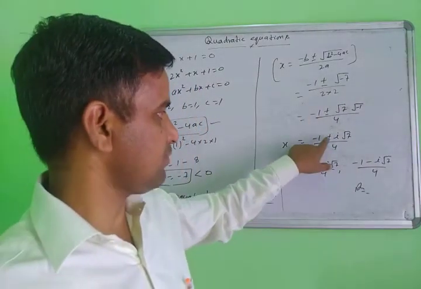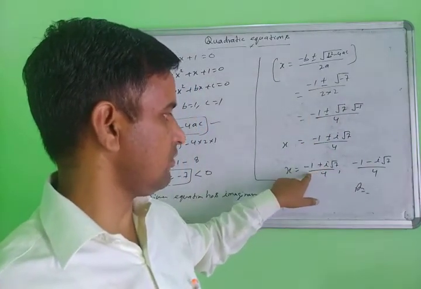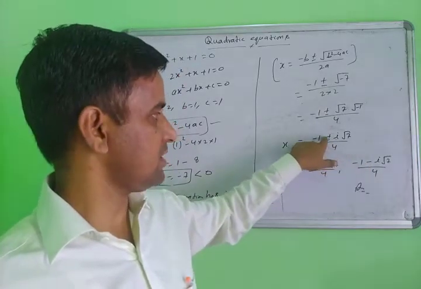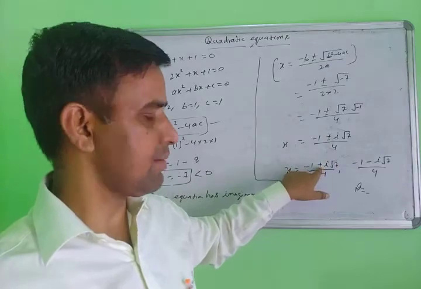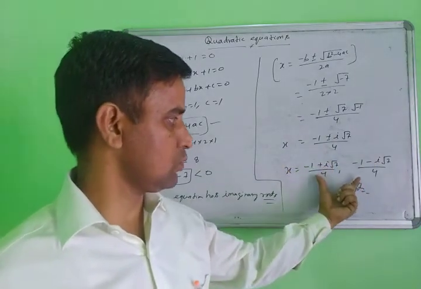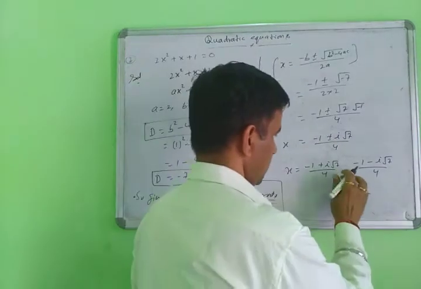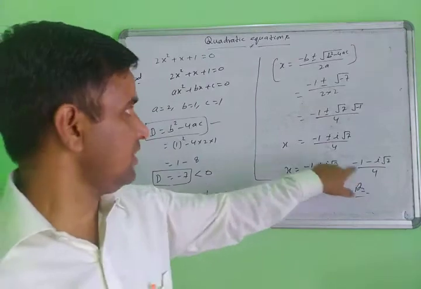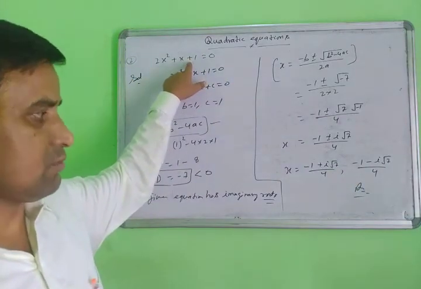Plus minus: the first sign I am taking positive, the second sign I am taking negative. So these are the two roots of the given quadratic equation. This is your answer.